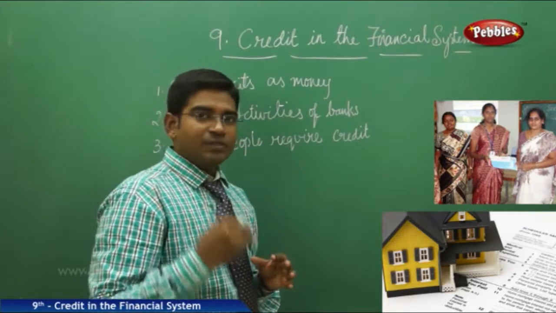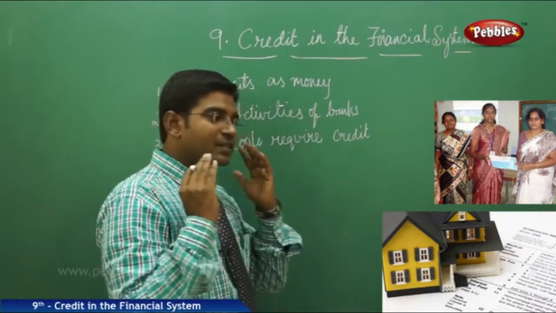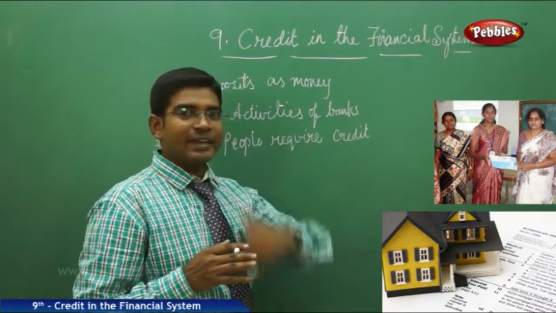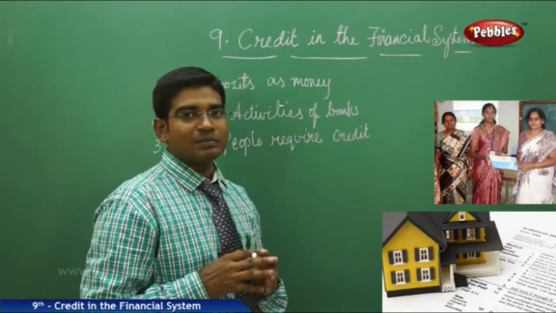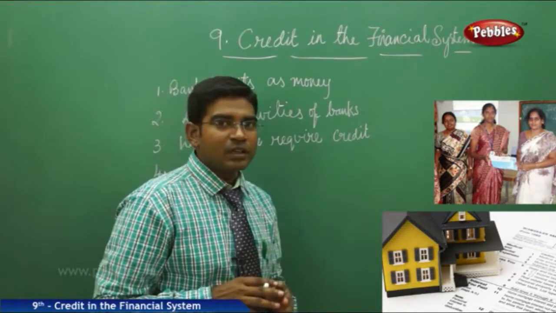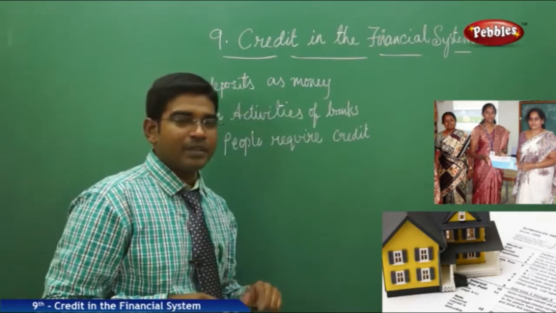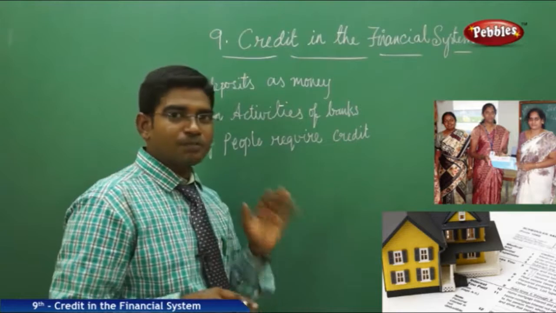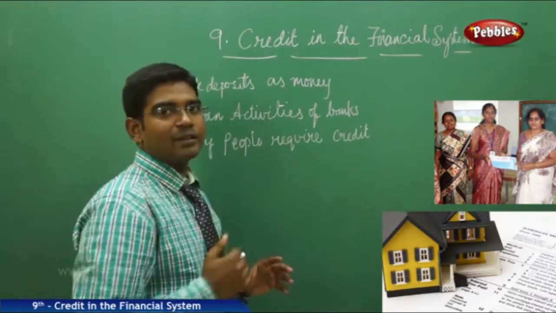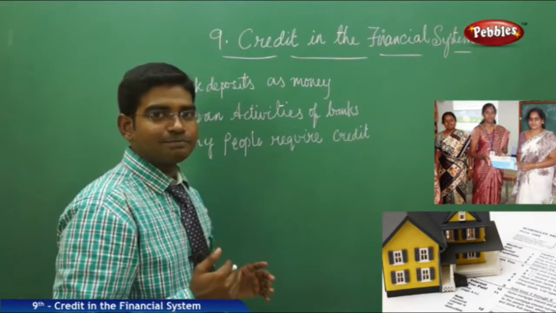But if all the people who have deposited their money in the bank ask the bank to pay it back at the same time, then the bank would be in trouble. So bank deposits as money means that out of every 100 people who have deposited their money in the bank, they don't ask for the money back at the same time.